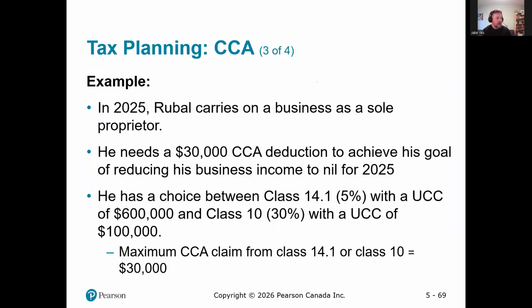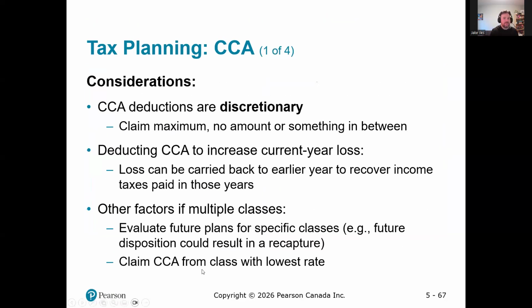Because if we have a class 1 at 4%, it's going to take 80 years to fully amortize that. Whereas if we have a class that applies a CCA rate of 55%, our computers, that's mostly amortized in 3 or 4 years. So if we don't need to take all the CCA, let's save the CCA we can take quickly and use up the CCA that we have to wait for.